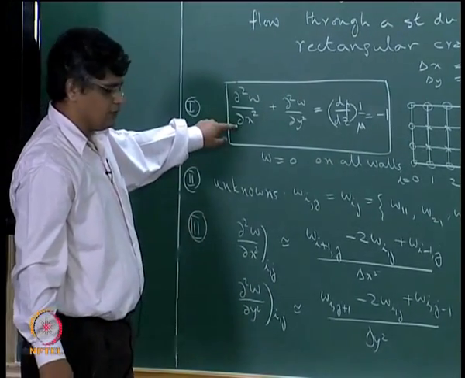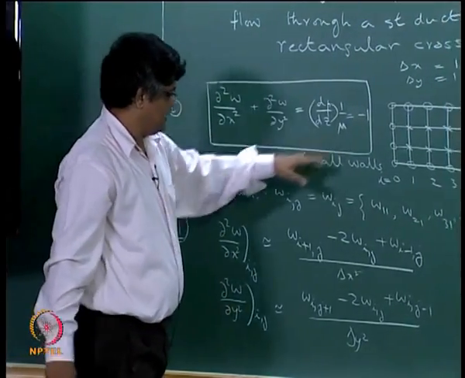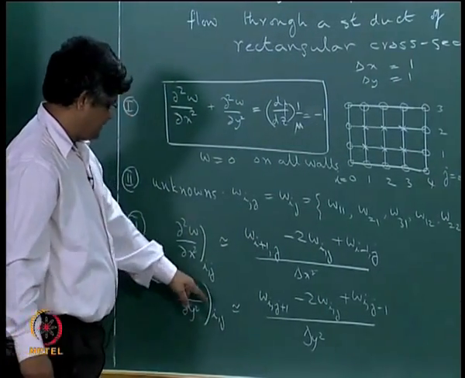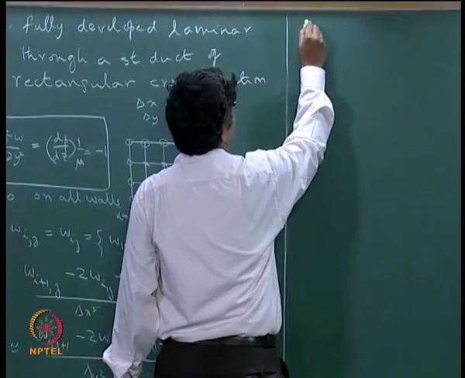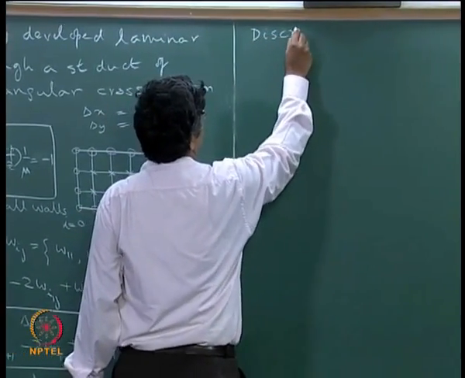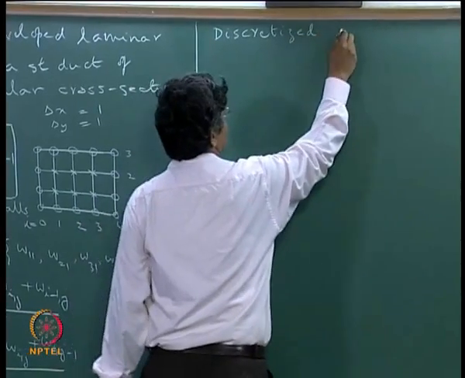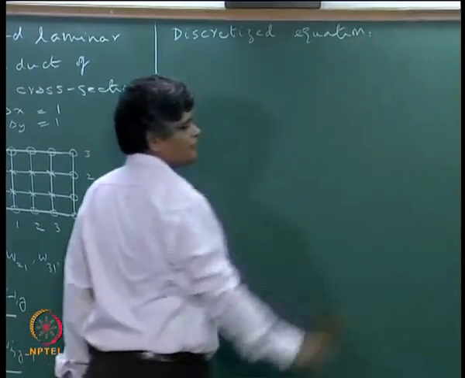So this equation is going to be discretized using these approximations as this plus this is equal to -1 at a point (i, j). So we have finally the discretized equation.